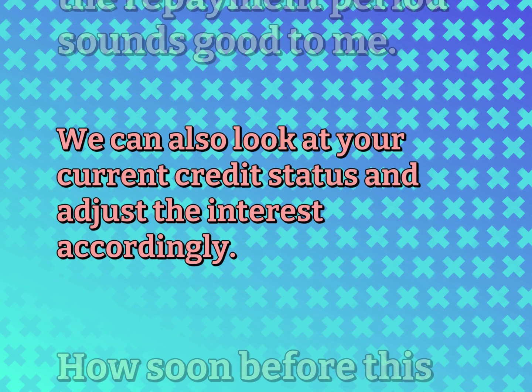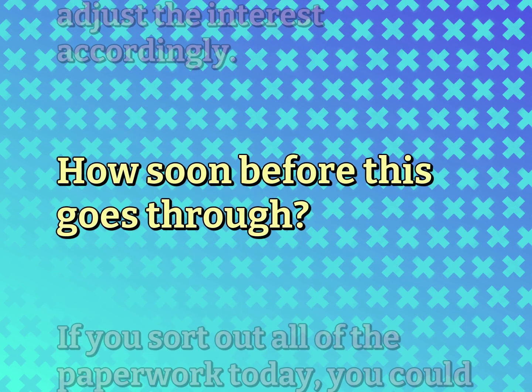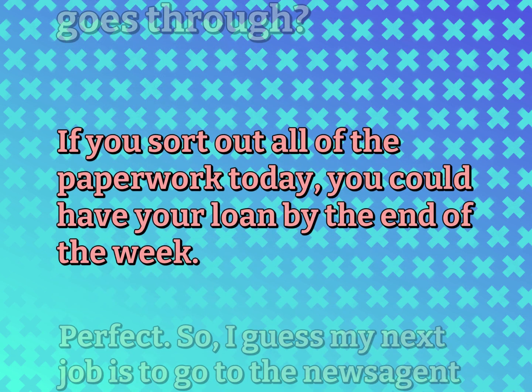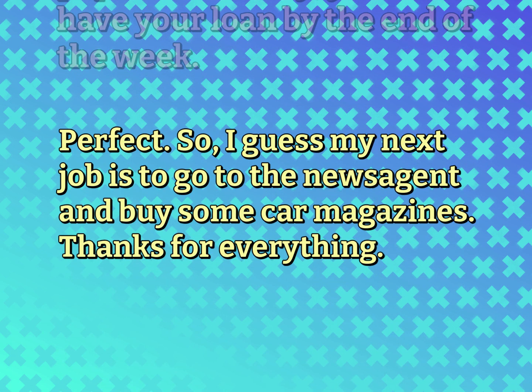We can also look at your current credit status and adjust the interest accordingly. How soon before this goes through? If you sort out all of the paperwork today, you could have your loan by the end of the week. Perfect. So, I guess my next job is to go to the newsagent and buy some car magazines. Thanks for everything.